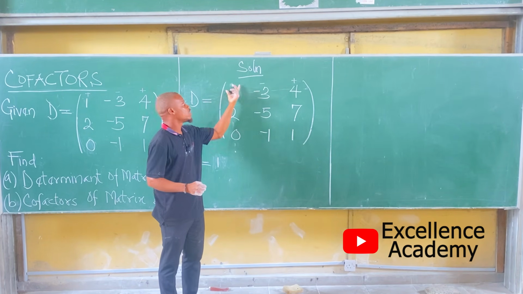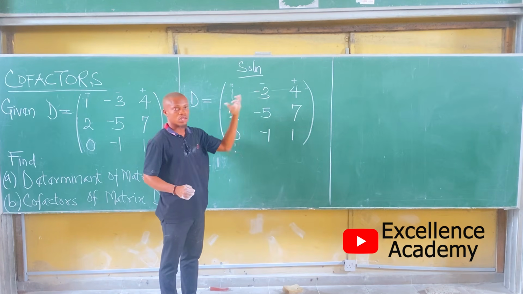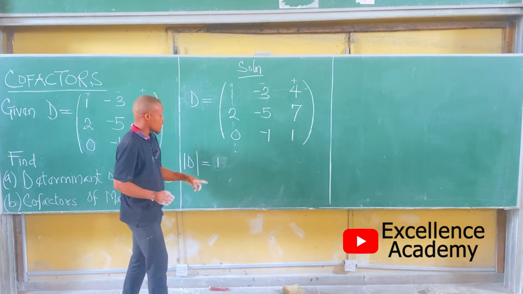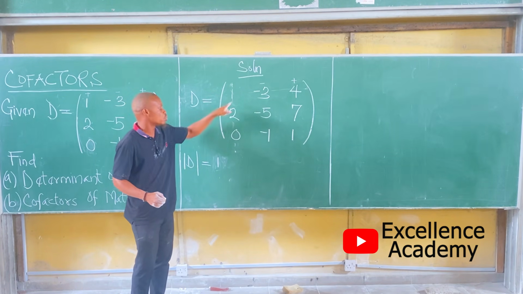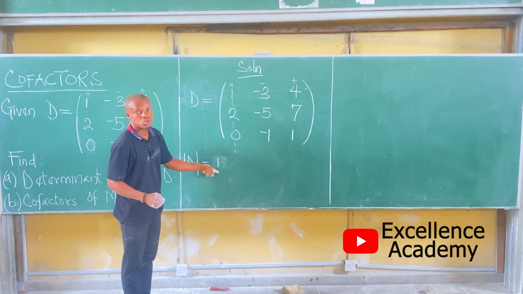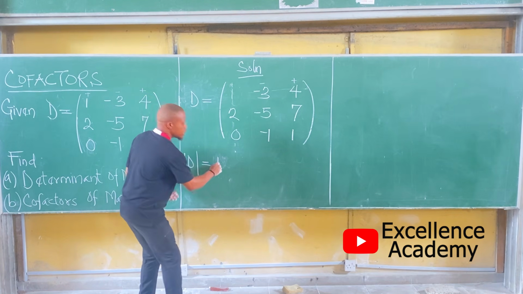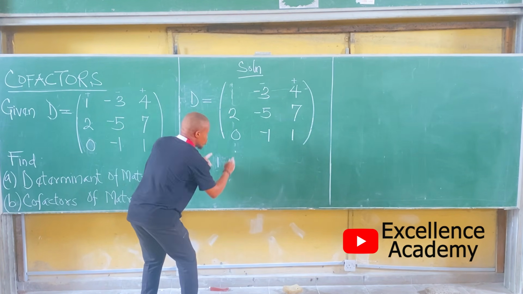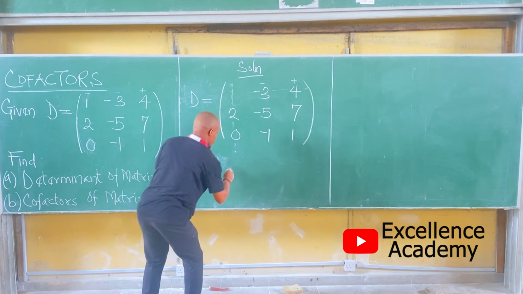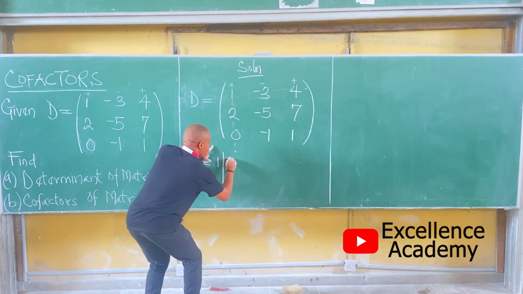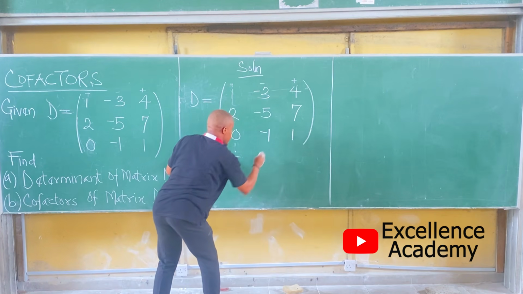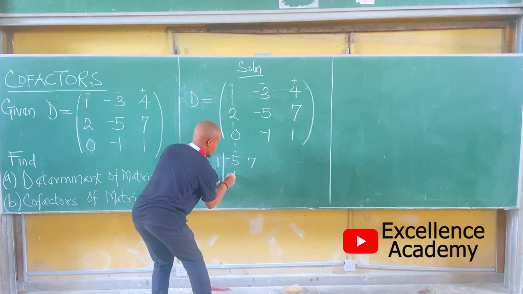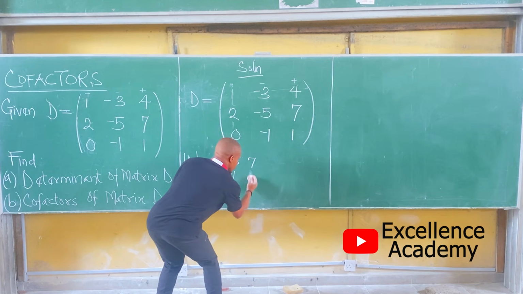Remember, cover the first row and the first column while picking the first element there, and my first element is a plus 1. So I can write plus 1 or just 1, it's the same thing. Pick it and create a 2 by 2 matrix. This is what is left: minus 5, 7, minus 1, and 1.